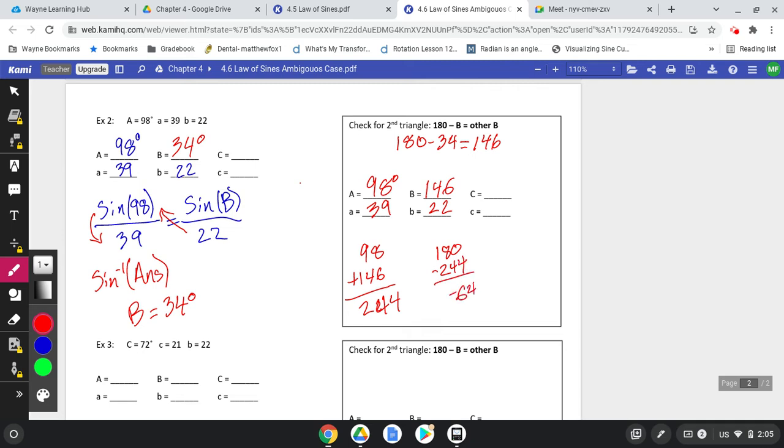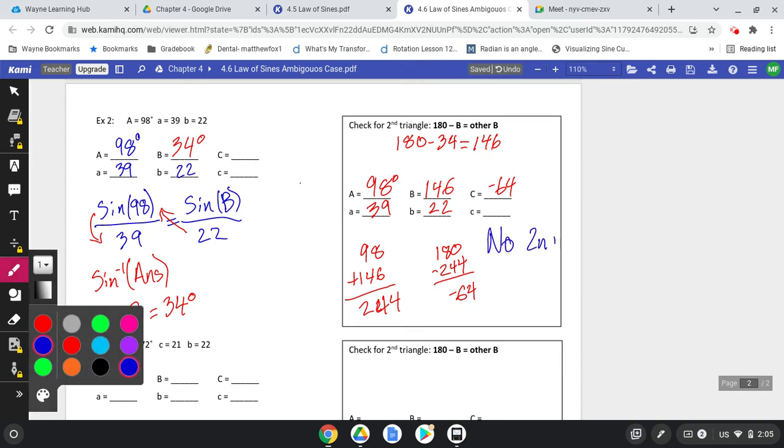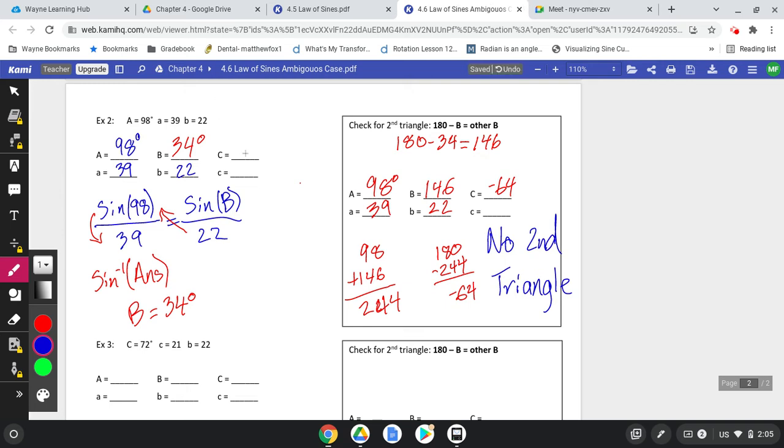Negative 64 is our answer for angle C. If you think about it, hopefully you know that is not possible. So there is no second triangle. If you get a negative, that means something's wrong. Now we do need to go back and solve for the rest of the first triangle, which does work. This is a case where we have one triangle.